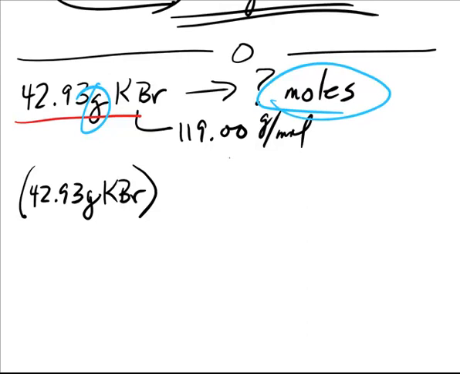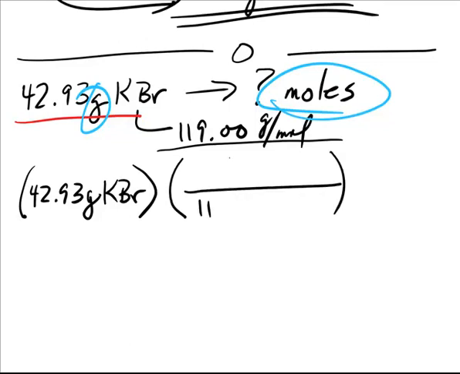Well, the way I'm going to do that is I'm going to use this same conversion factor, but I'm going to use the inverse. Since I want grams of KBr to cancel, the 119.00 grams of KBr need to go in the denominator so I can cancel the units out. And what's in the numerator now is 1 mole of KBr.